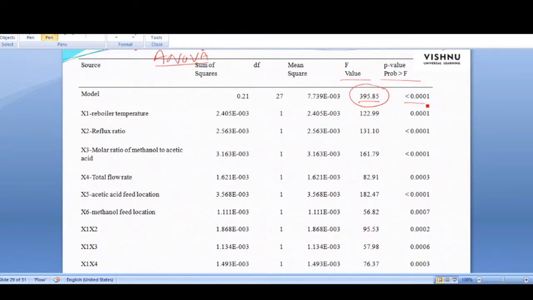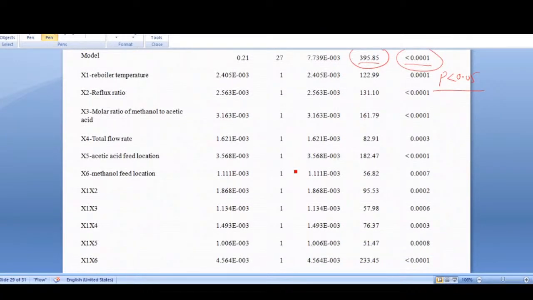The P value is less than 0.001, so it's a very good fit. As we have already discussed, if the P value is less than 0.05, then the model is fitted well. So these two are the indications of the model fitting.